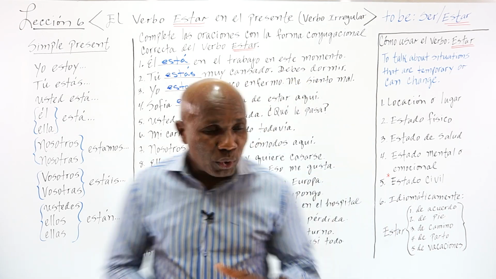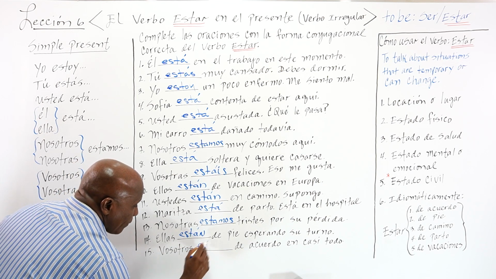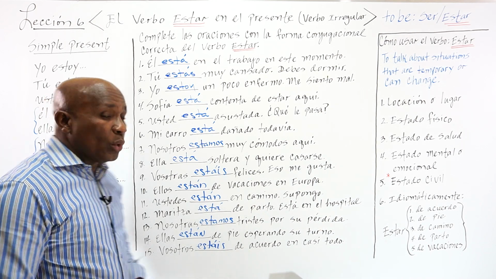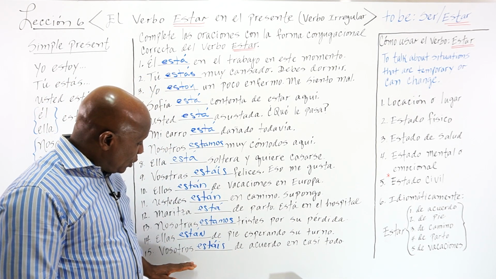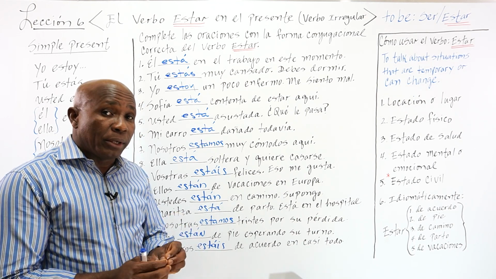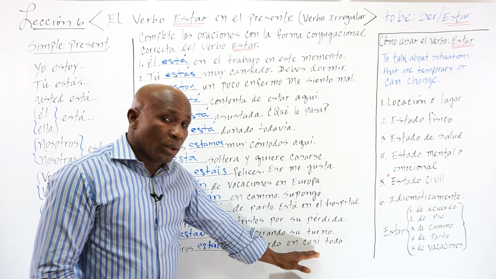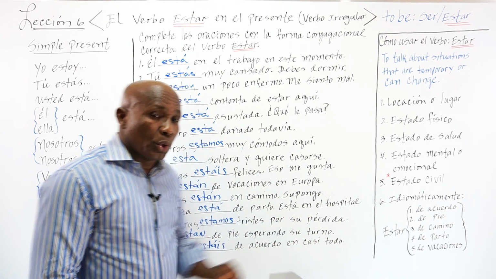Okay? So, vosotros estáis. Vosotros estáis de acuerdo en casi todo. You are in agreement in almost everything. Casi, almost. En casi todo. Everything, todo.